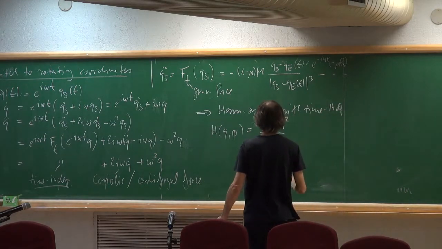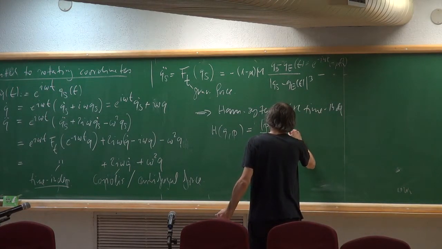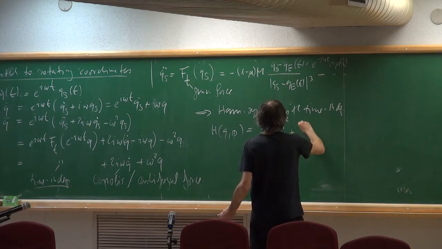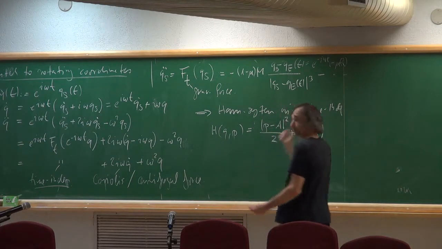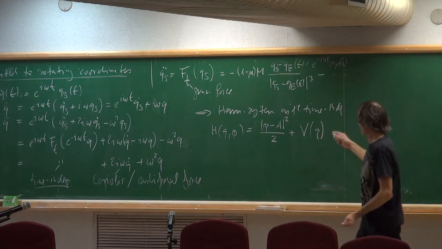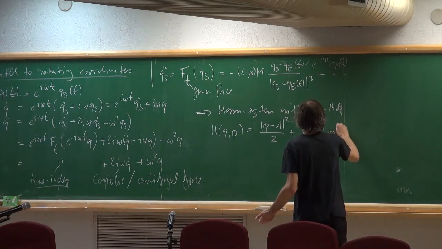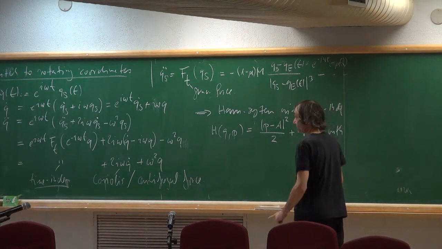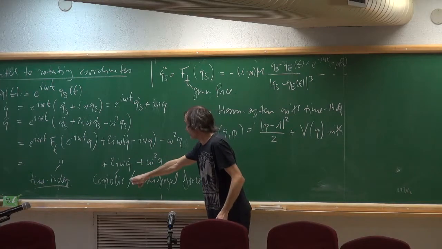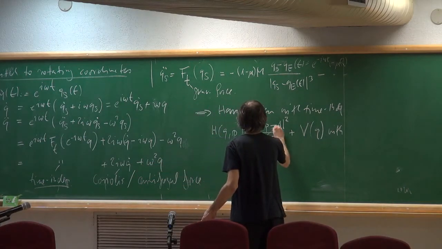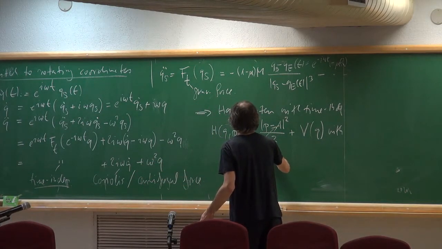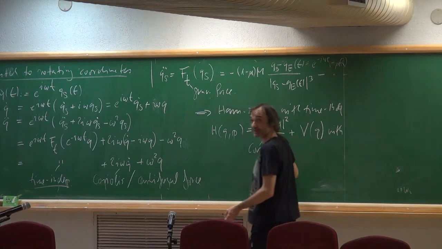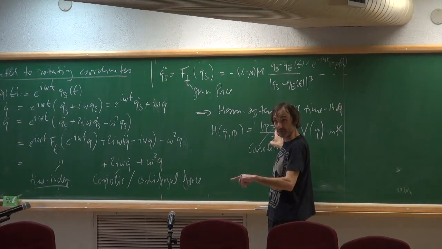You can do it by introducing a vector potential for this one, and then we have the potential. So the Coriolis force will be generated by this A, which I will explain in a moment.